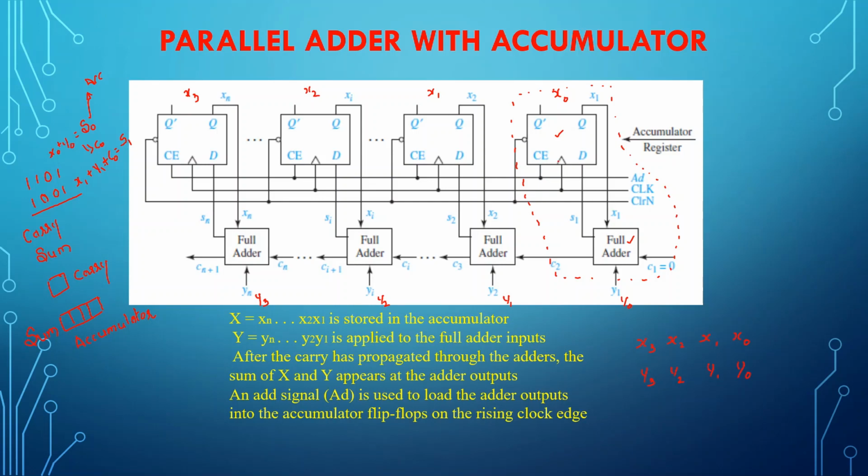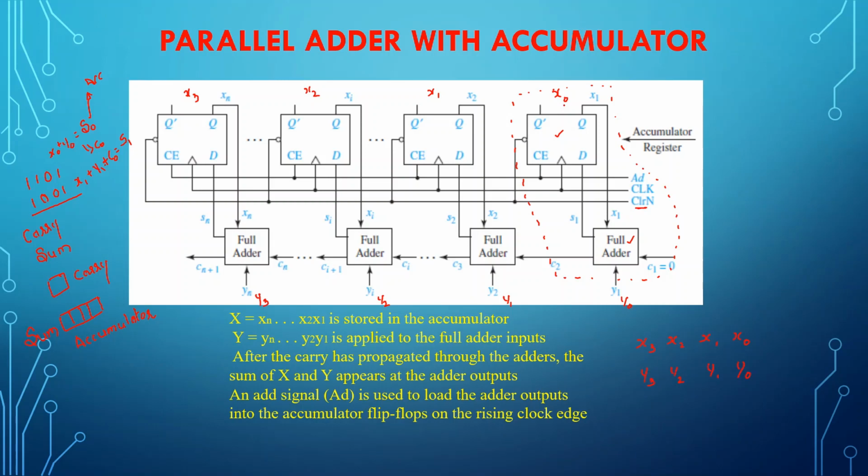As I said before, before you carry out any addition, the first thing I need to do is clear the cell. I need to clear the accumulator. After the accumulator has been cleared, you need to load your accumulators with the number. The loading of this accumulator with the number can be done in many ways. You can load the numbers in any way you wish.